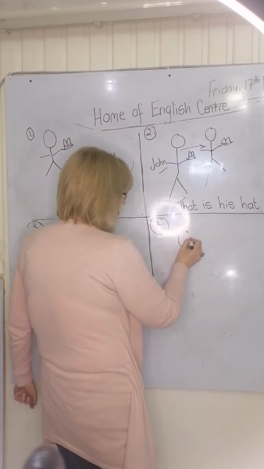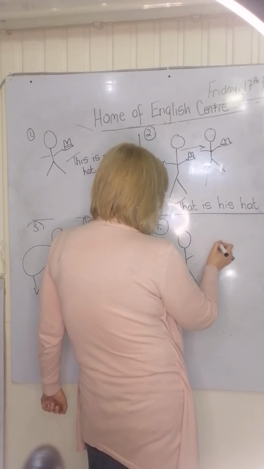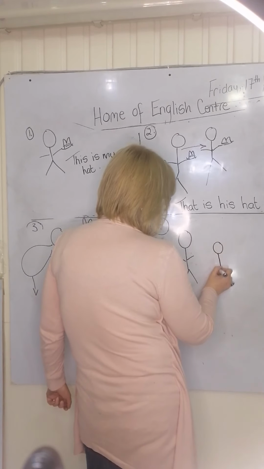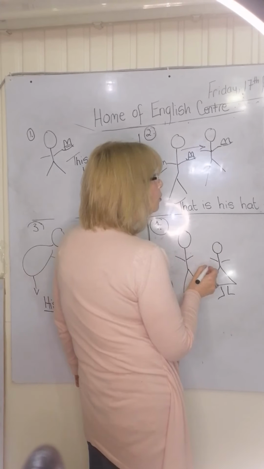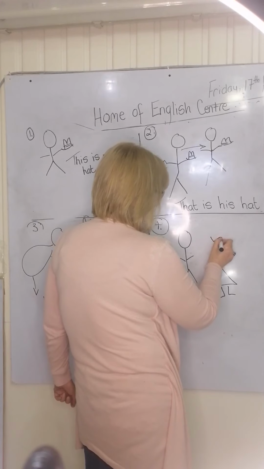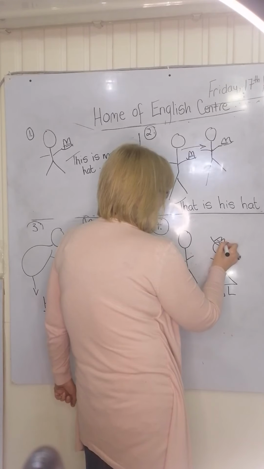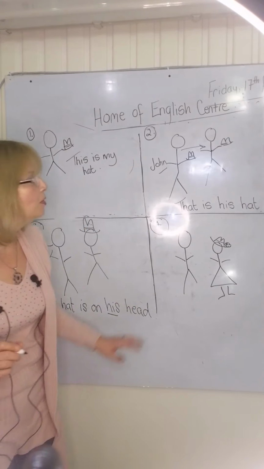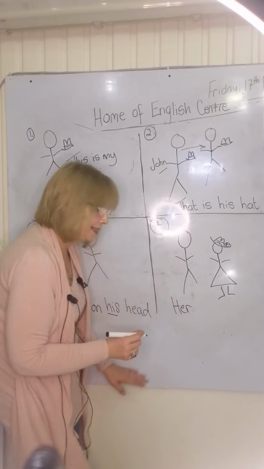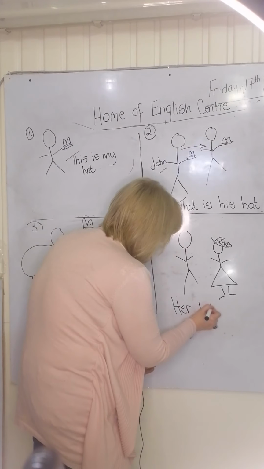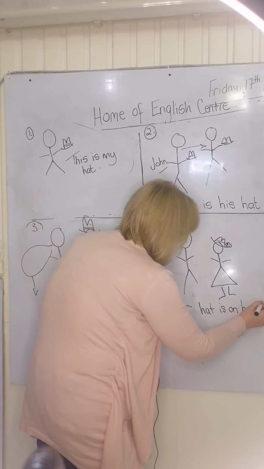So now we have John, and John's friend now is a lady. There she is. And she also has a hat. And because it's a lady, let's give her a flower on her hat. So he's saying her, because it's a lady. Her hat is on her head.